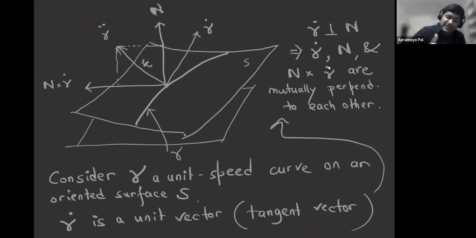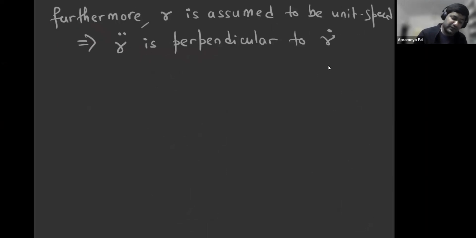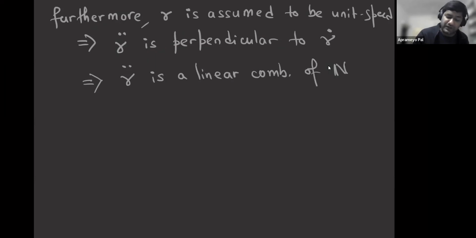Since these three are mutually perpendicular to each other, it has to be in the plane generated by n and n cross gamma dot. So in other words, this implies that gamma dot dot will be a linear combination of n and n cross gamma dot.